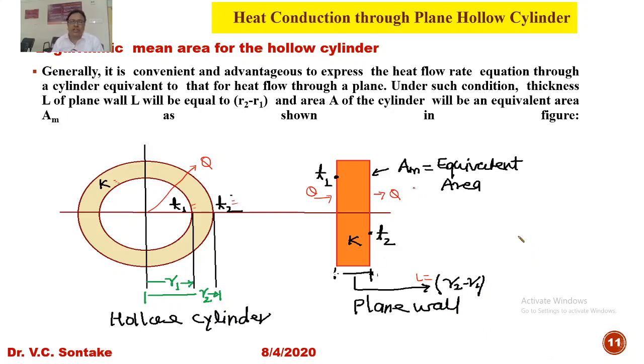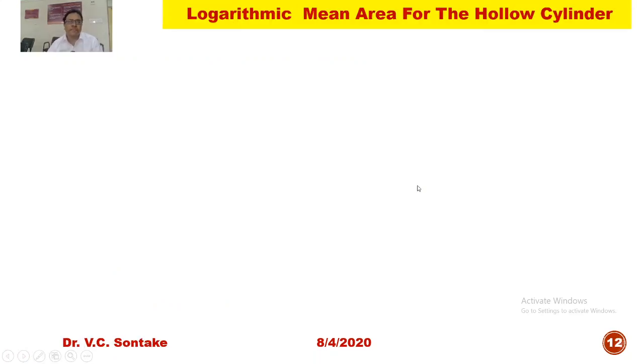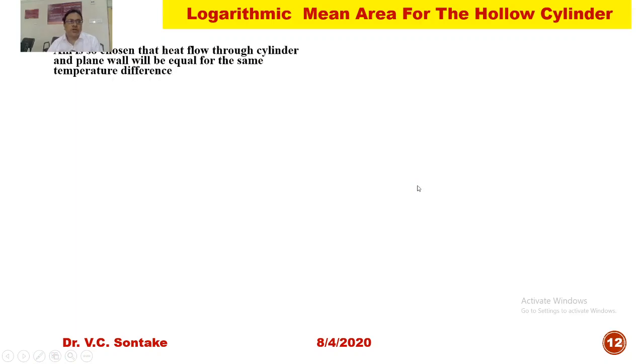So whatever the area of the cylinder will be there, that is called the logarithmic mean area of the hollow cylinder. This logarithmic mean area is so chosen that heat flow through the cylinder and the plane wall will be equal for the same temperature difference, that is, Q cylinder is equal to Q plane wall.